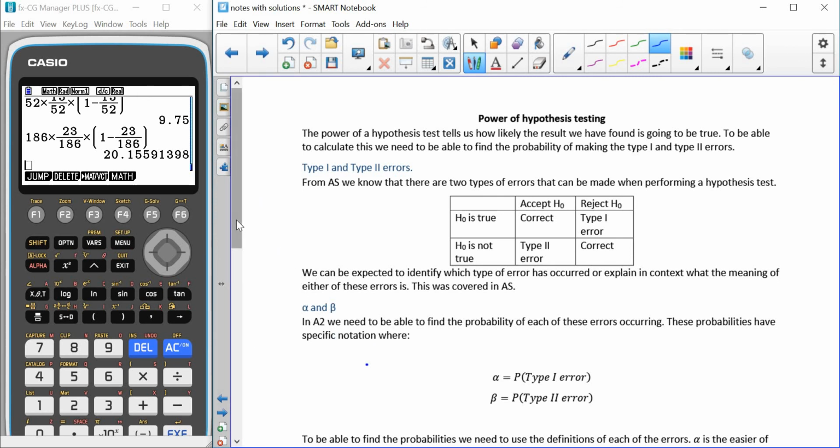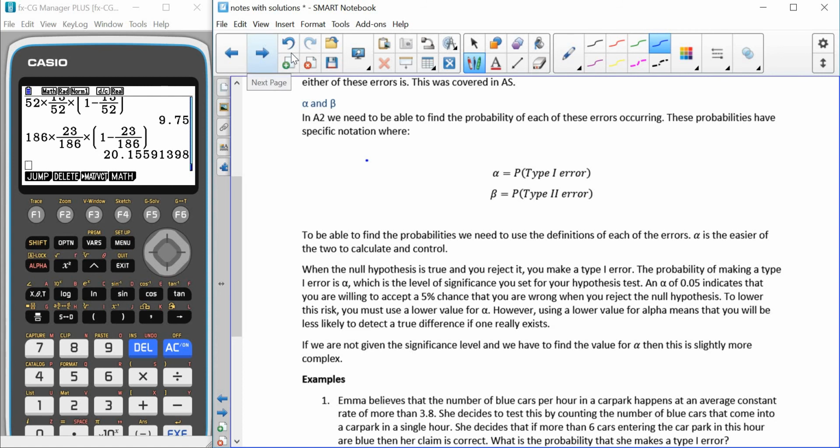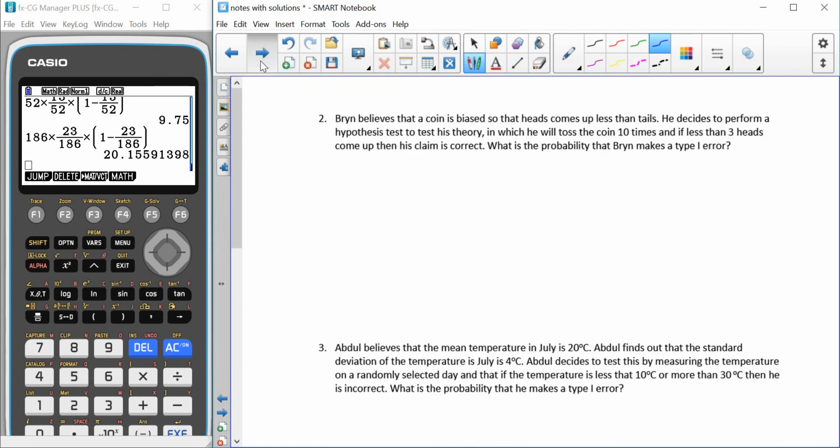Okay, so this is the type 1 and type 2 errors. So here, the probability of making a type 1 error, if you know what the significance level is, is just alpha. So if we're wanting to reduce the probability of making a type 1 error, we can reduce the significance level.